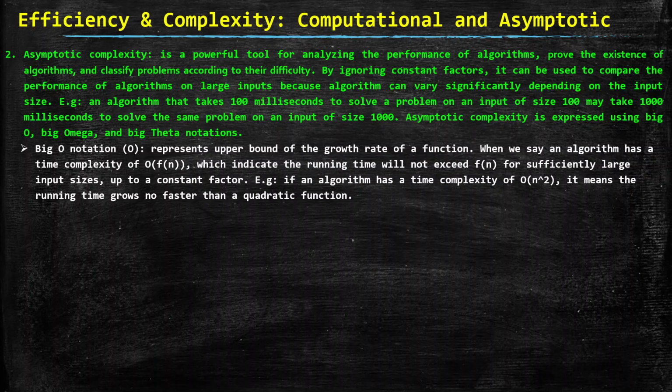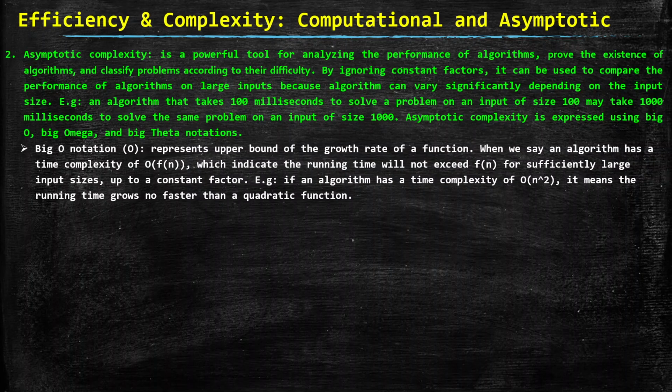Asymptotic complexity is expressed using big O, big omega, and big theta notations. There are these three different notations. These three notations I will also discuss practically with calculations, but right now we will go with definitions. So big O notation represents the upper bound of the growth rate of functions.